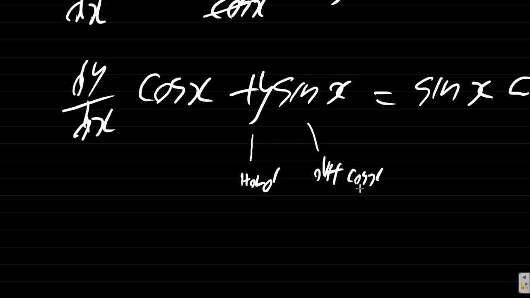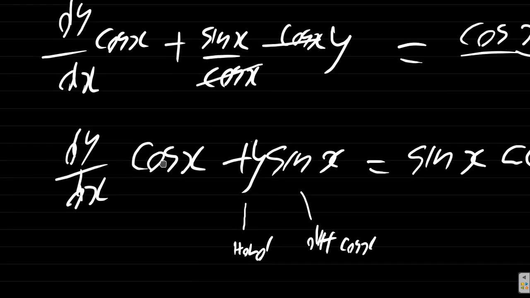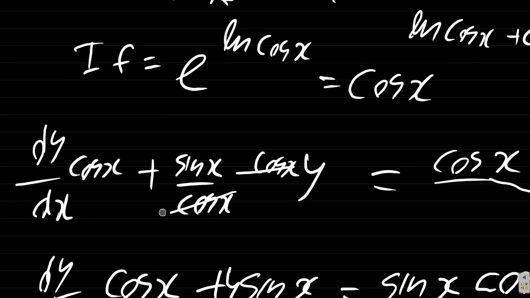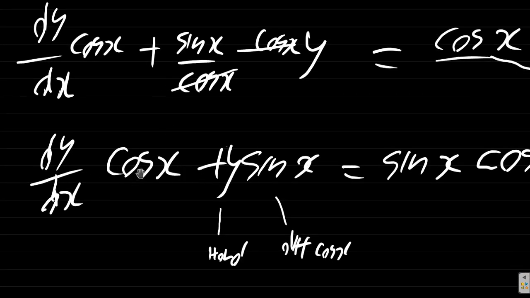If you differentiate cos, you get negative sine. And if you hold y, when you differentiate cos, you get minus sine. And here, when you have cos, and you hold cos and differentiate y, you get dy by dx.